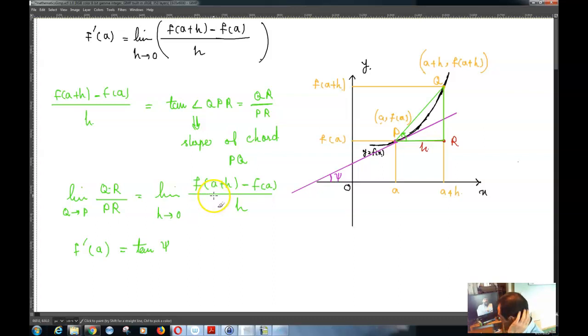So formally we define the derivative of a function as follows. Suppose f is a real valued function.